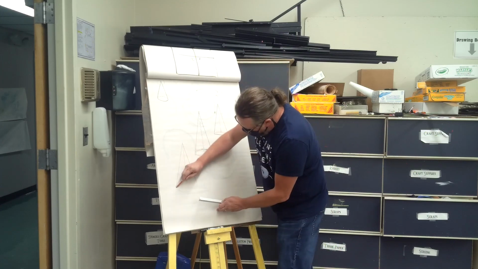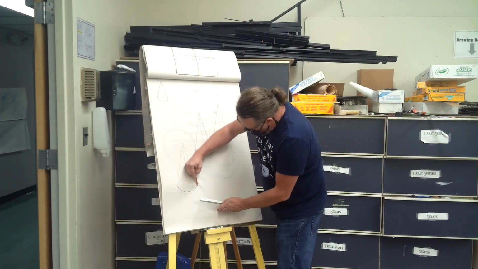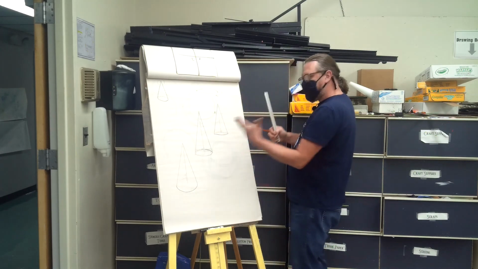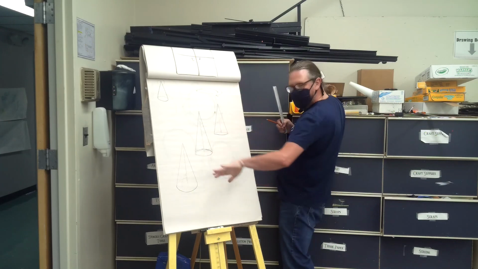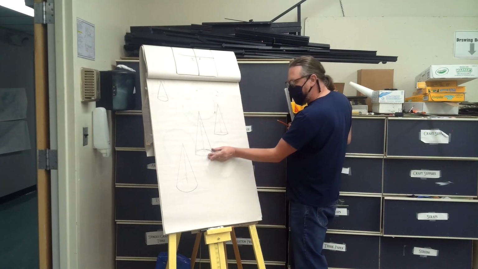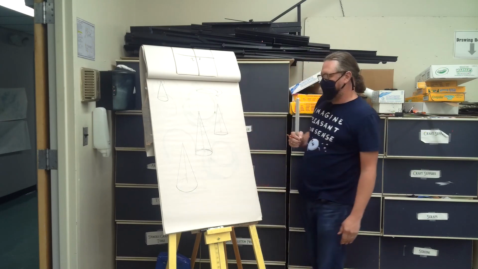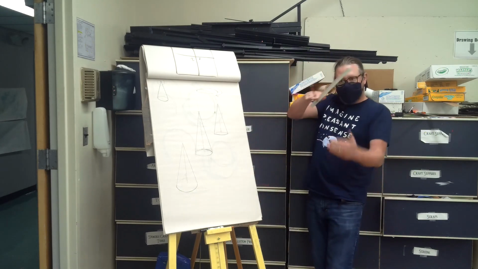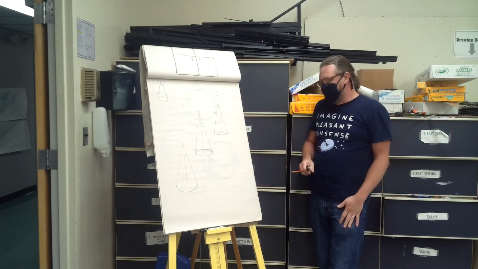And let me strengthen this line so you can see it better. Right there, it's much more open because there it's much further down below my eye level. That pinching in of that ellipse gives it that feeling of being closer and closer to my eye level.